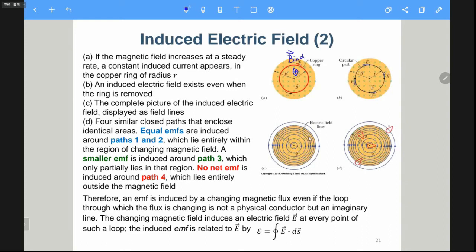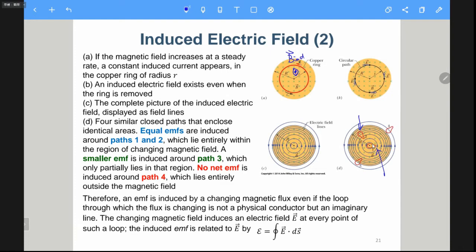And it also tells you that for path 1 and path 2, equal EMFs are induced around path 1 and path 2, which lie entirely within the region of changing magnetic field, because we assume the magnetic field is uniform for this region, and it changes at a steady rate.